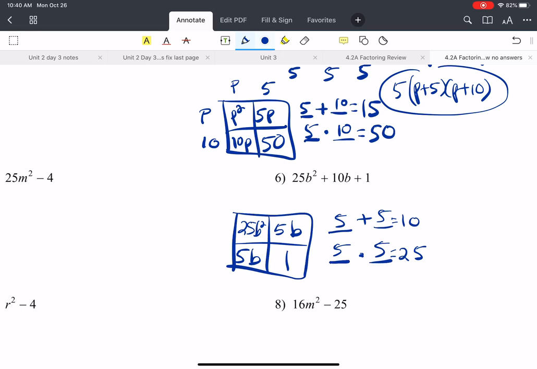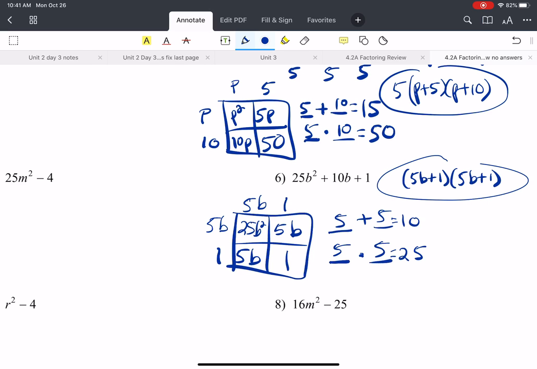No, 5B, good. What about in the second row? 1, good. First column, 5B again. And then the second column, what is it? 1.